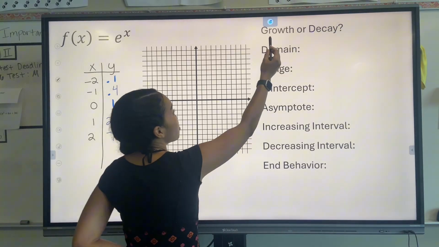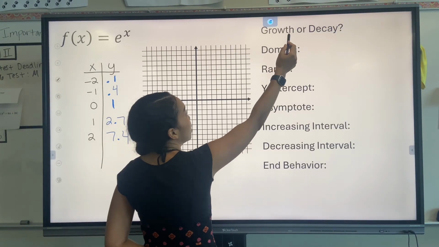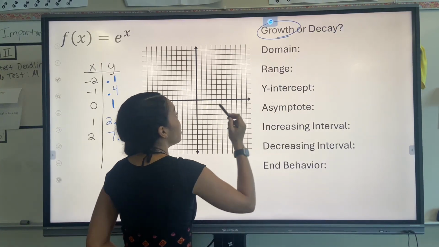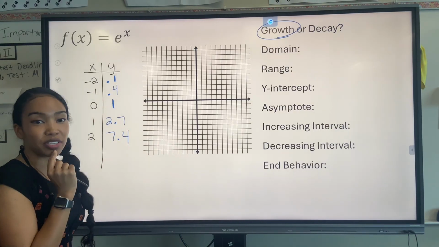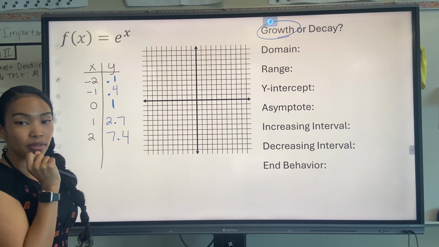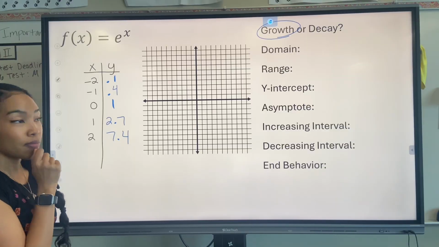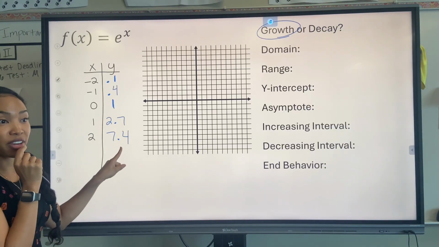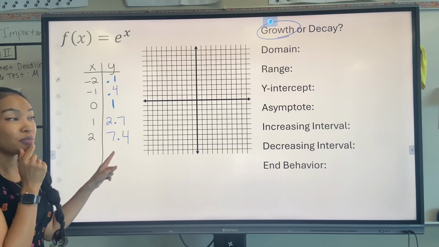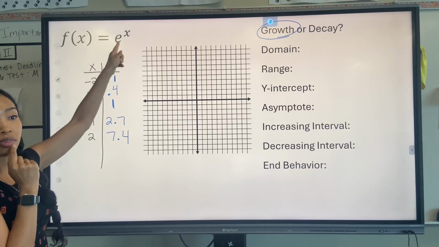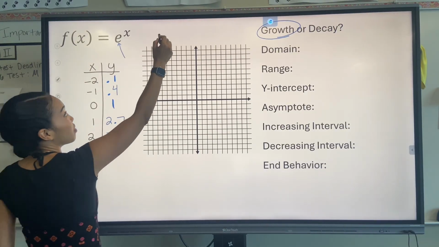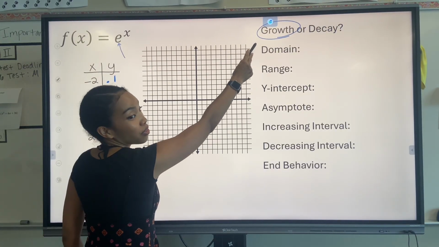Okay, is this growth or decay? Growth. If you didn't look at the graph, how else would you know that it's growth? Based on the number increasing on y. It is increasing on the y. That's very good. How else do we know? Based off of this equation, how would you know? When this number is greater than 1, that means it's going to be growth.